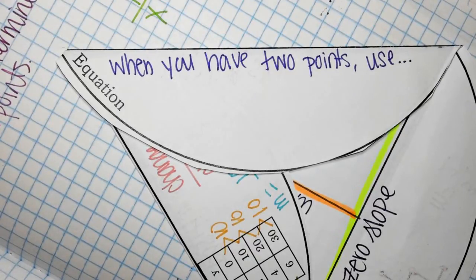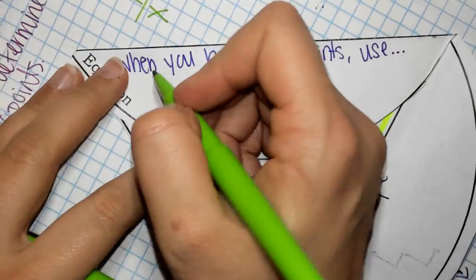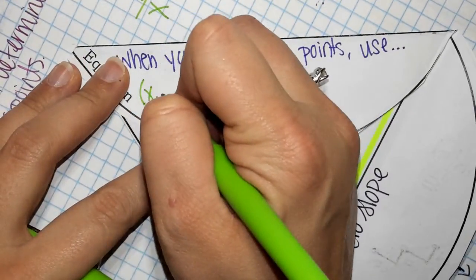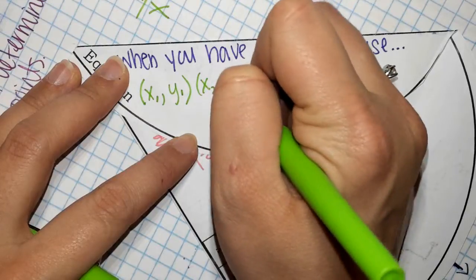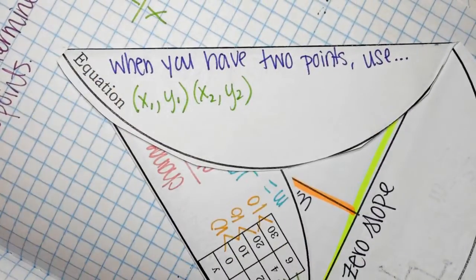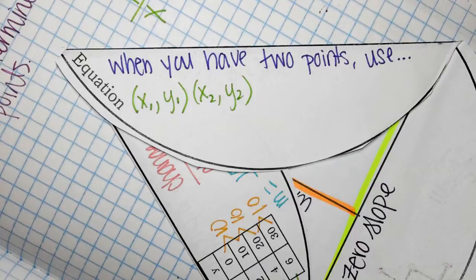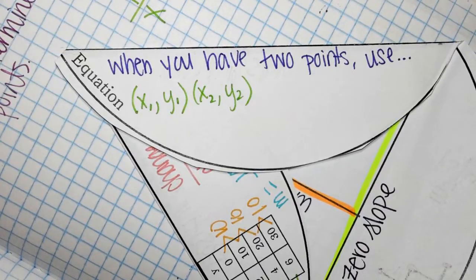When you have 2 points, you will always label your points x1, y1, x2, y2. So if I give you 2 points, you need to label it like this, every time.